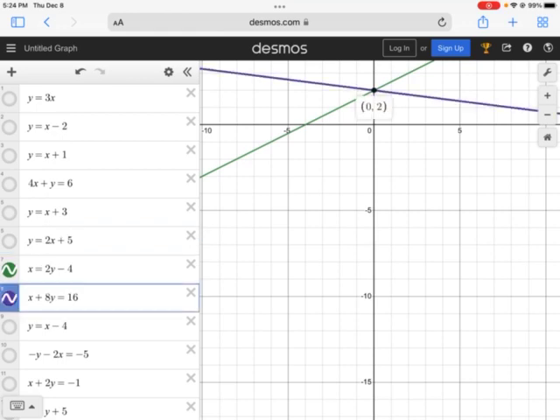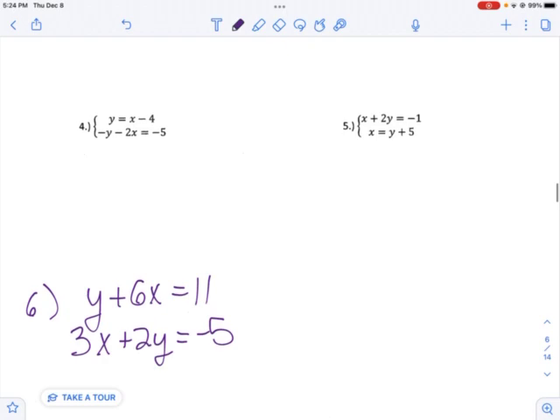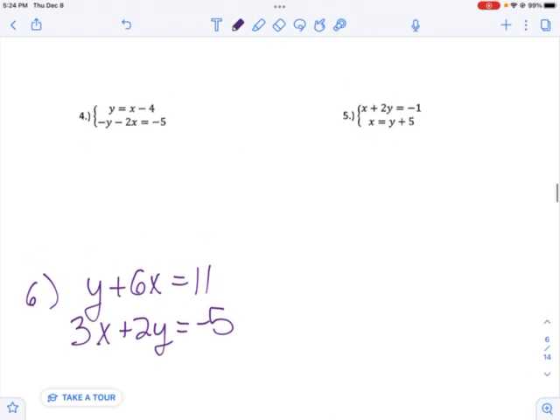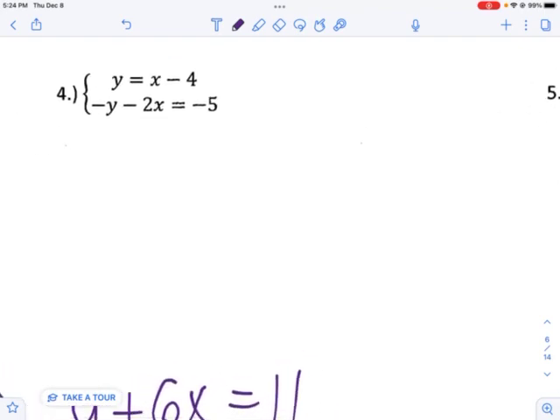Number 4. Now this is where, when we substitute, I'll take note to tell you about when we use parentheses. We go through those same steps. Do we have a variable isolated? We do. We have y. We don't have to rearrange anything. Now we can circle that x minus 4.